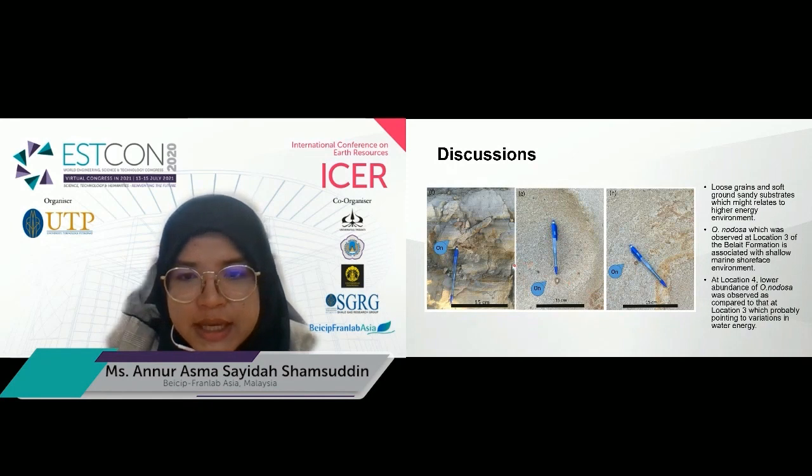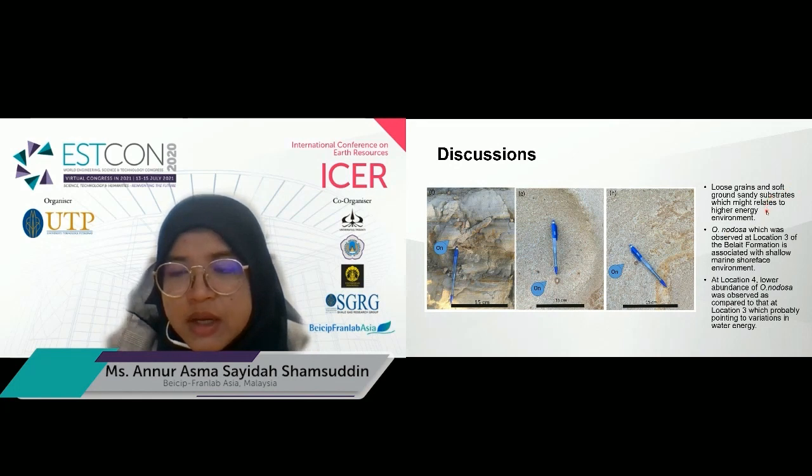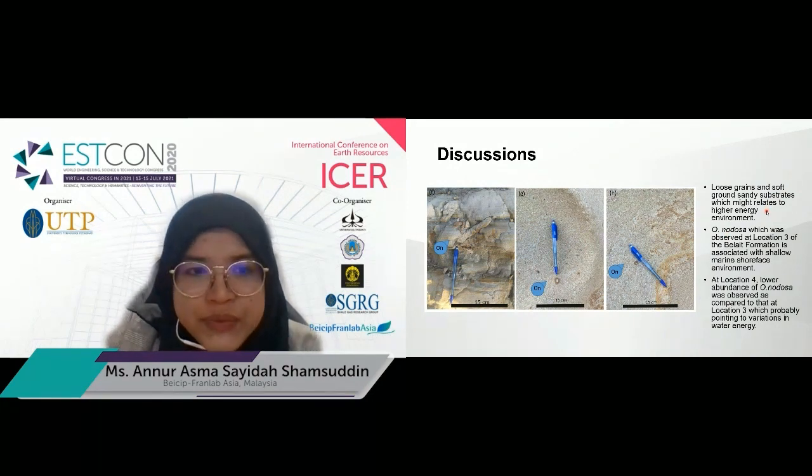So basically, I would like to show the Ophiomorpha nodosa in location 3 and also location 4, in this part and also in this part. As discussed before, it is usually in the grain and soft ground sandy substrate, where it might relate to higher environmental energy.